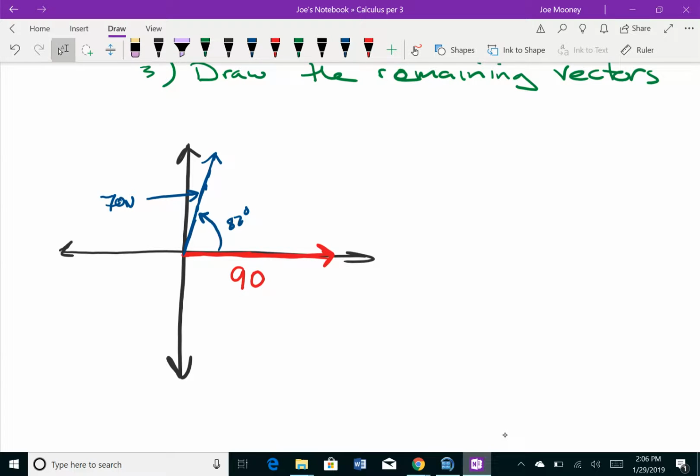So if I were to move that vector and put it tip to tail on the end of the other one, and measure the resultant, it would be like that.